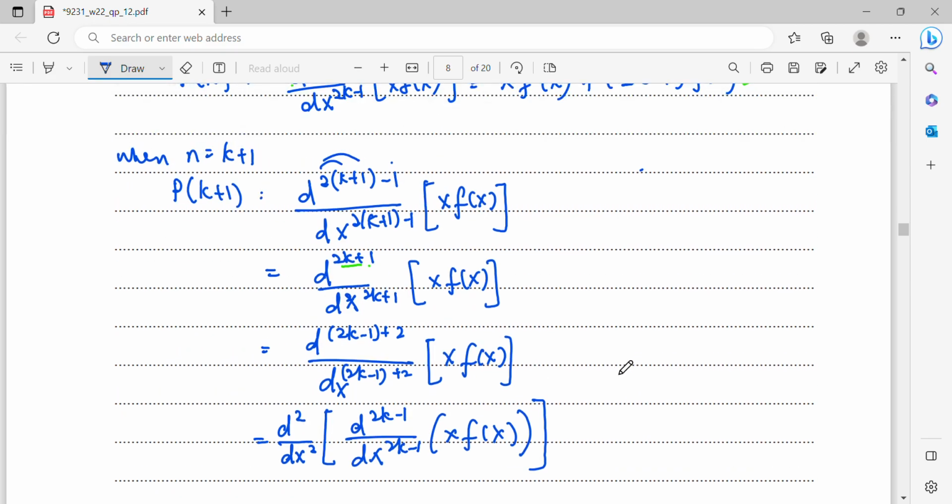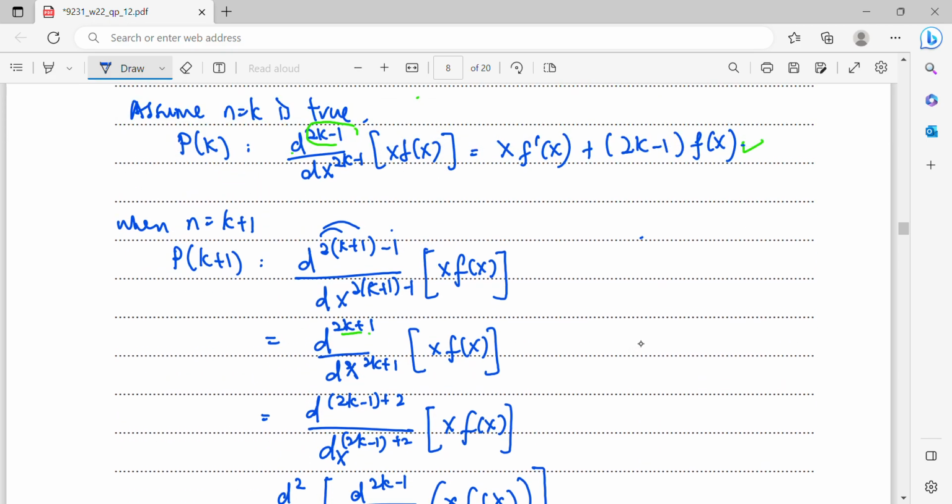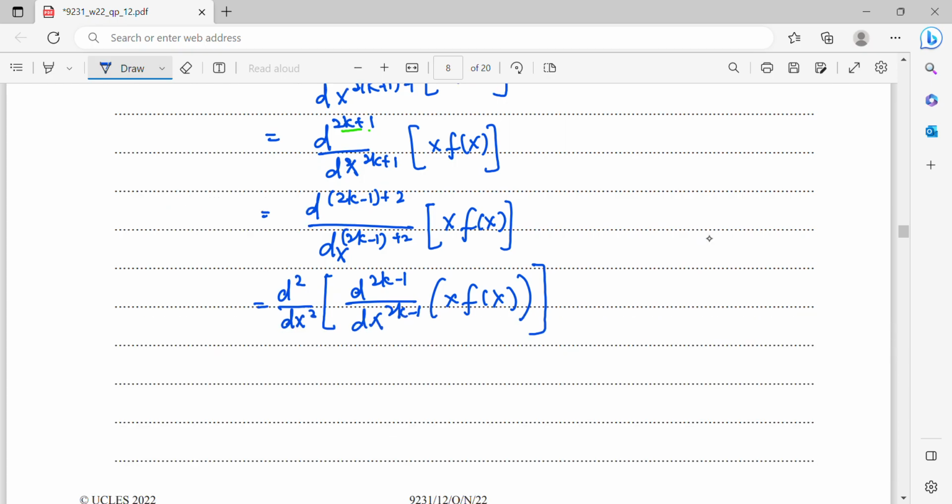So now I already obtained this expression. Therefore, I'm going to replace it by these two terms: d squared over dx squared of x f'(x) plus (2k minus 1) times f(x).